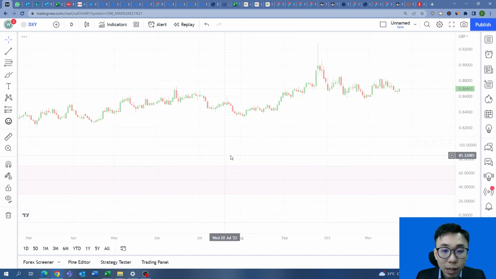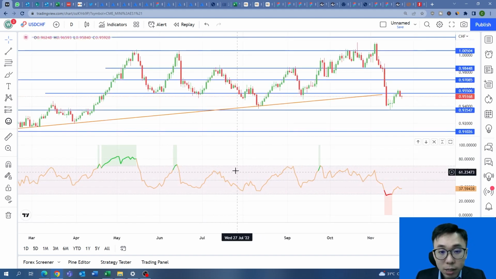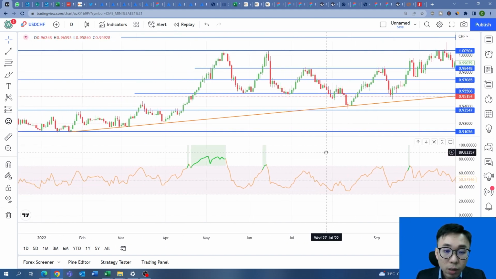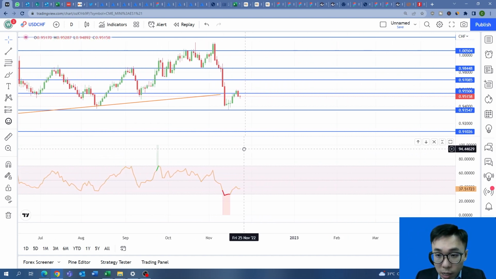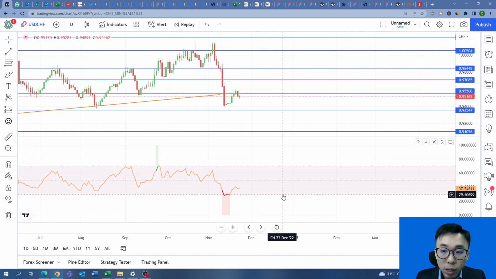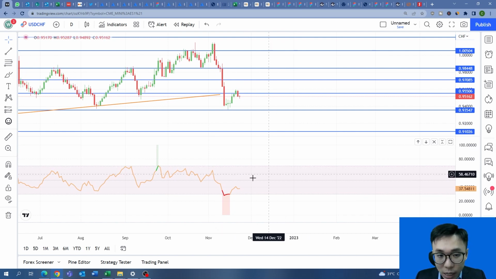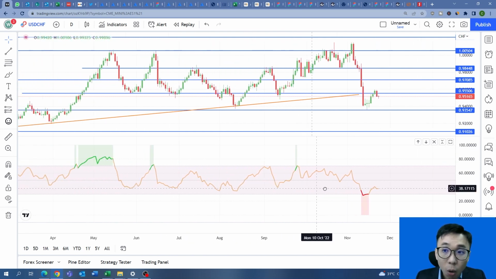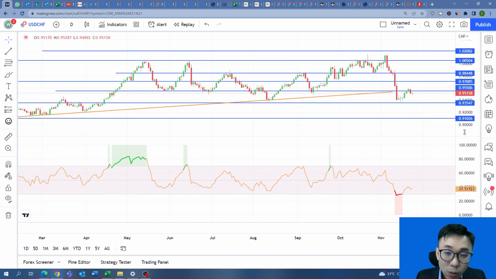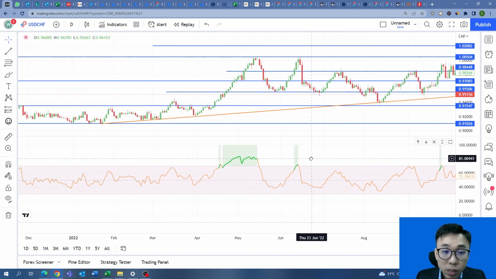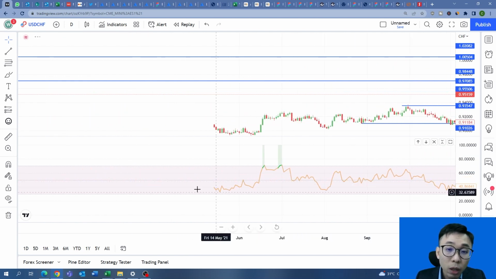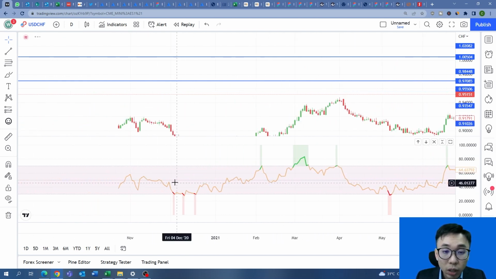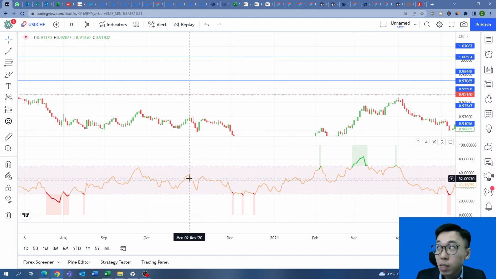Basically this line is going to oscillate between several levels, and most of the time it will only oscillate between 30 and 70. However, there are also certain periods where it oscillates outside of this 70 and 30 range. Later on, we're going to explain further details about what this range is about.